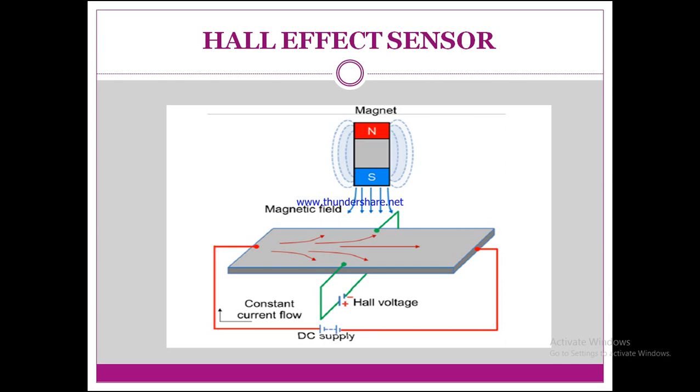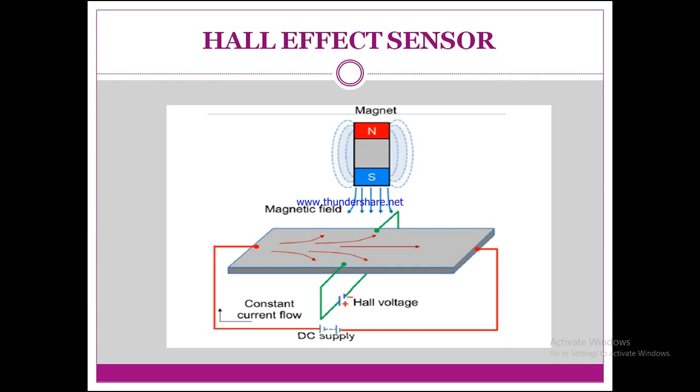When the magnetic field and electrical field are combined together, or come in contact with each other, then due to the magnetic field, the current is deflected according to the magnetic flux density. When a higher magnetic field comes in contact with this conducting plate, the current flowing through that conducting plate is deflected.